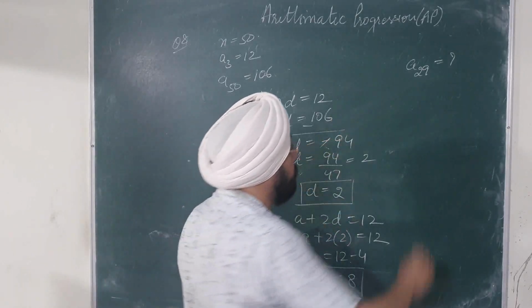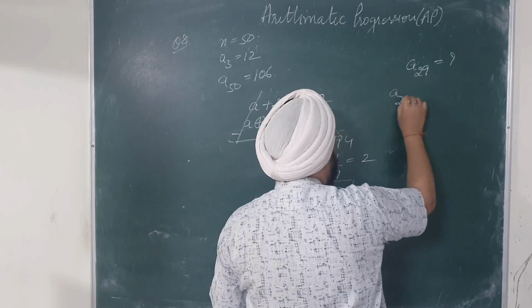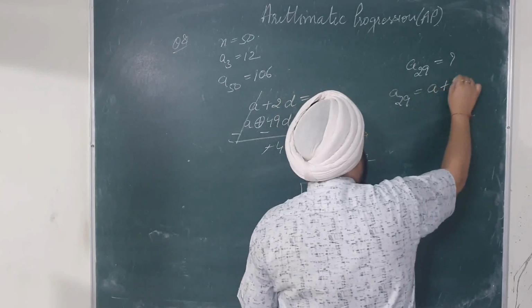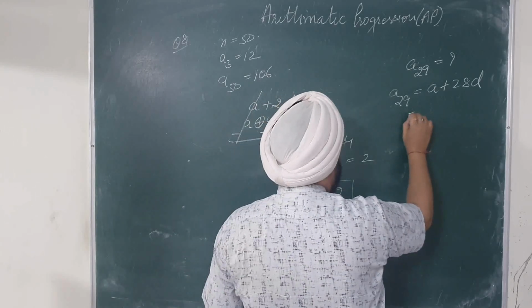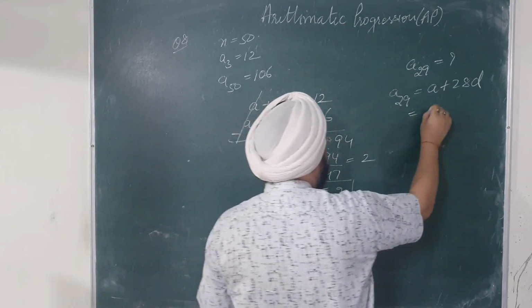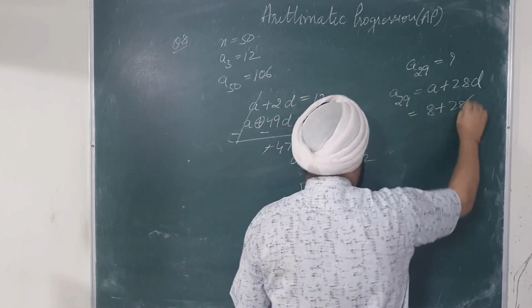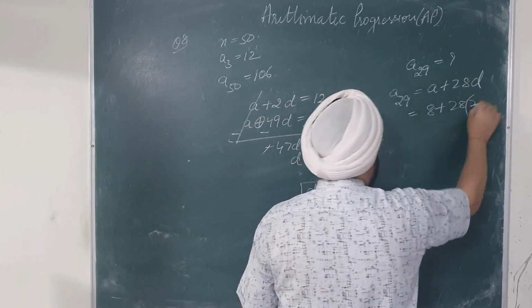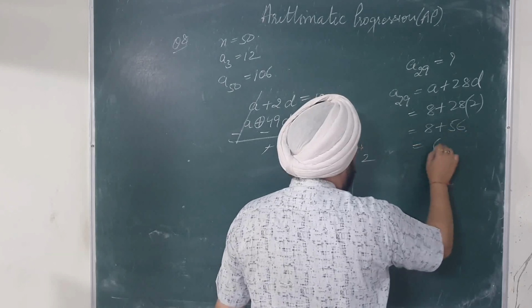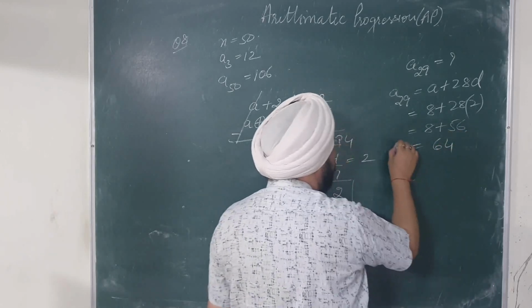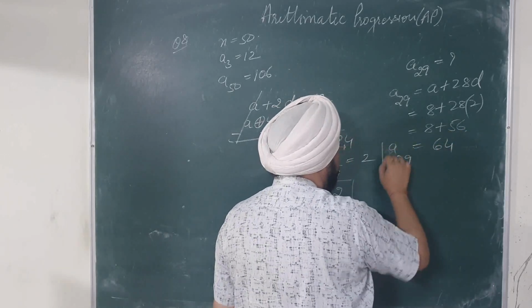So we can substitute in the 29th term, which is equal to a plus 28d. Substitute the value of a is 8 and d is 2. So this is 8 plus 56. So the answer must be equal to 64.